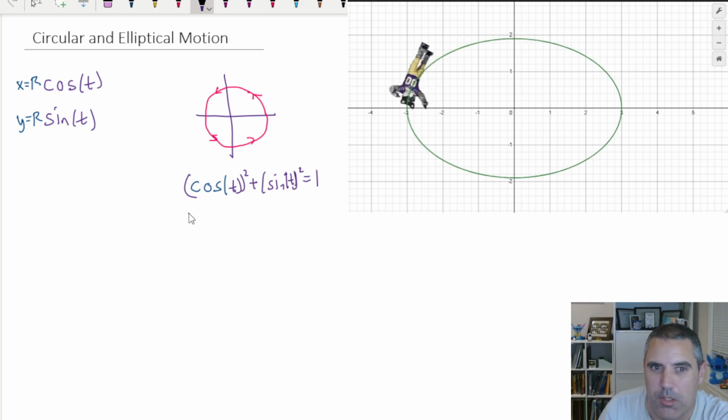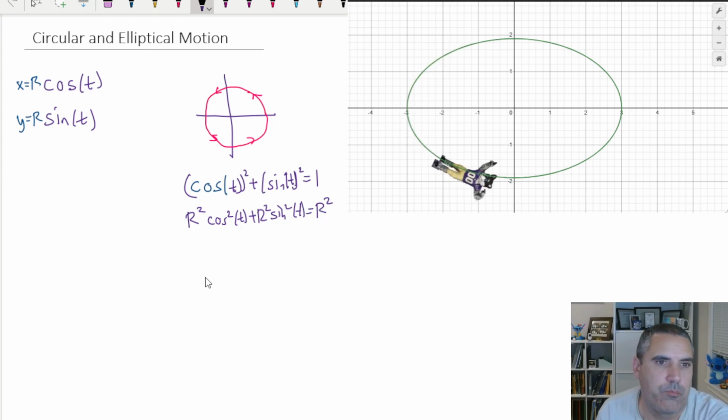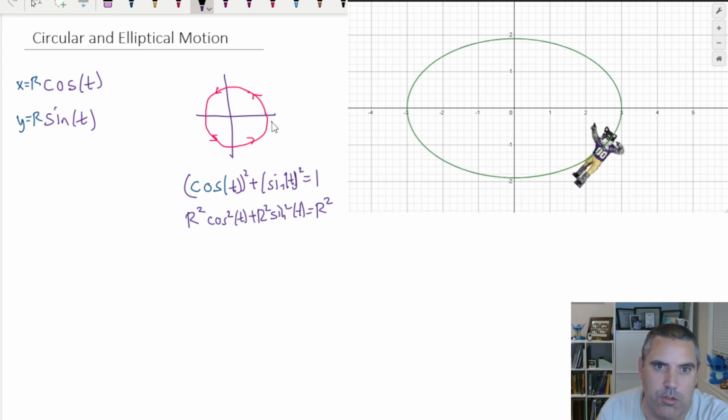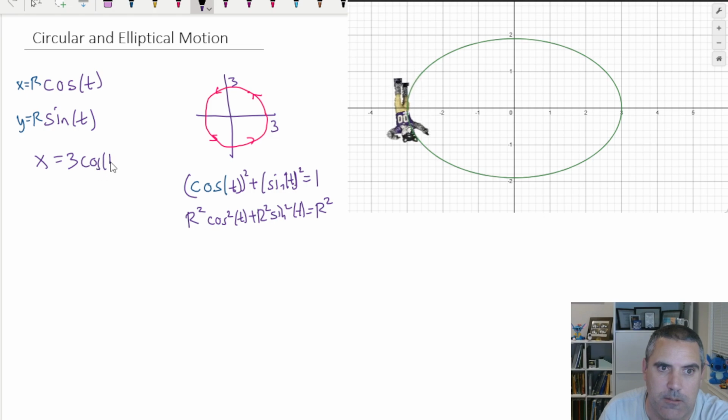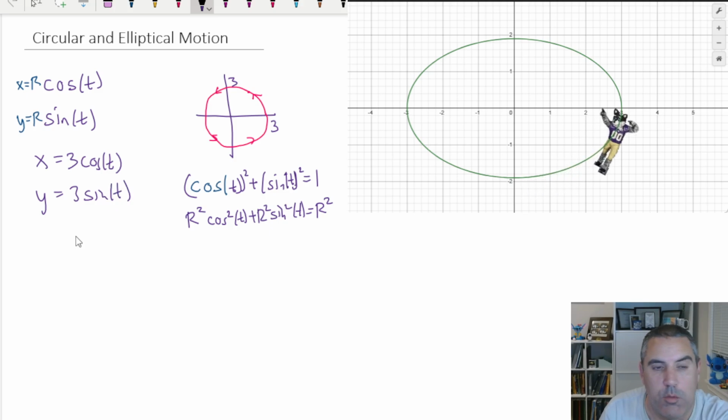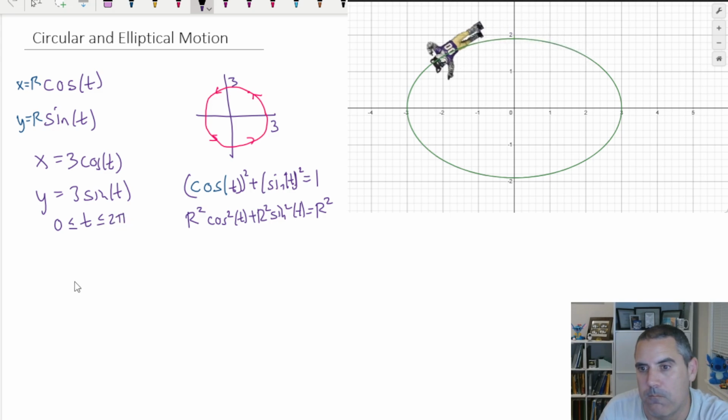That also means r squared cosine squared plus r squared sine squared gives you r squared. So if someone gives you a circle of radius 3, you can parameterize it as 3 cosine of t and 3 sine of t. And if you want one loop, you say 0 to 2 pi.